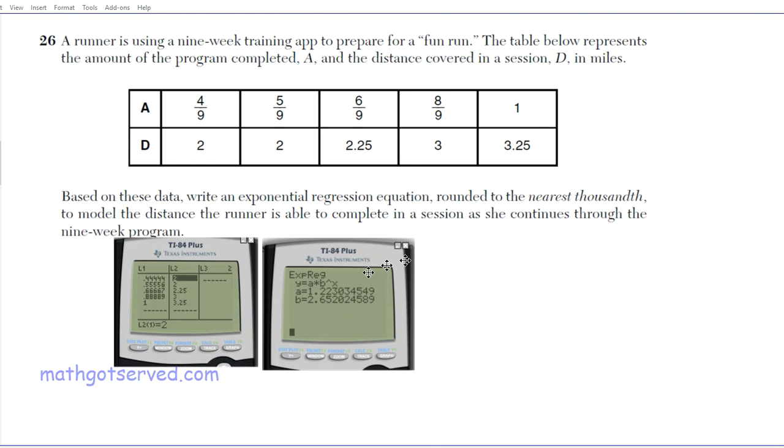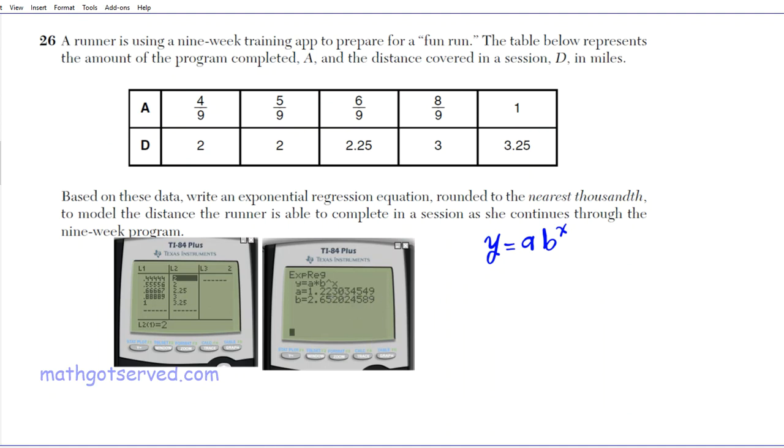Okay, so if you notice, it also gives us where to input a and b into our exponential regression equation. It tells us that it's of the form y equals ab to the x, and then the a and b values are specified. We're rounding to the nearest thousandth or to 3 decimal places, and remember it starts with tenth, hundredth, and then thousandth.